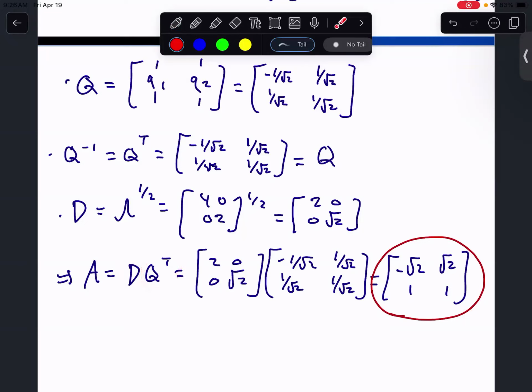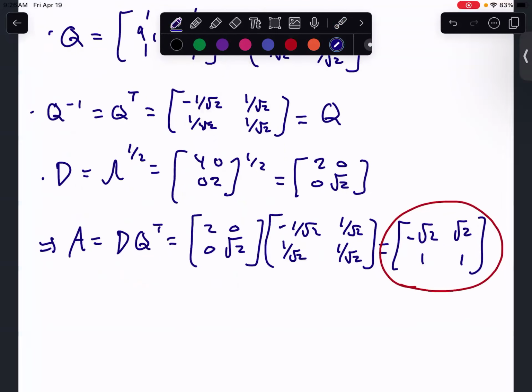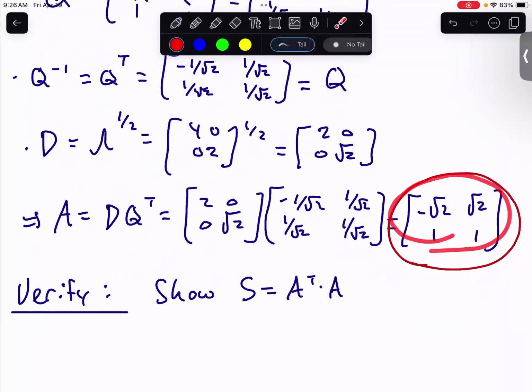And then I guess you should verify that your answer actually works. So to verify that your answer actually works, you do the following. The main reason why we care about A in the first place is we want to show that our original matrix is equal to A transpose times A. And so if we take the transpose of A and then we multiply it by A, we should get our original matrix back.